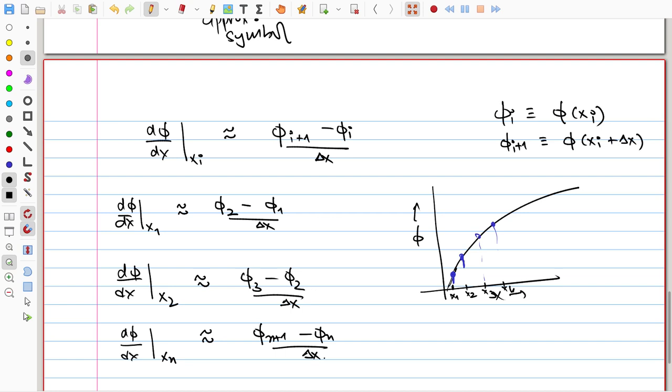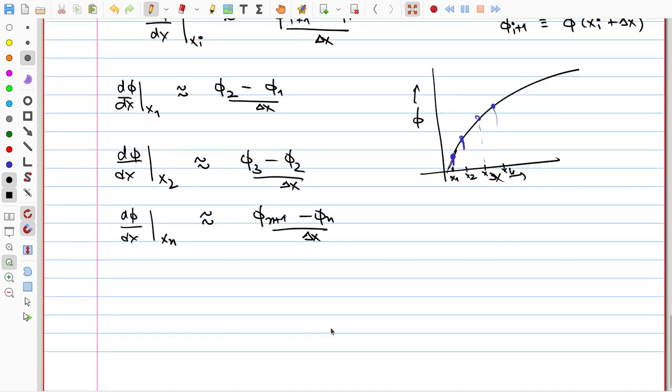So, for a general case, for an xn point or xi point, we can write it as phi n plus 1 minus phi n upon delta x, or if it was xi, it is phi I plus 1 minus phi I upon delta x. So, this method that we have just introduced to you to approximate the first derivative is called forward difference method.